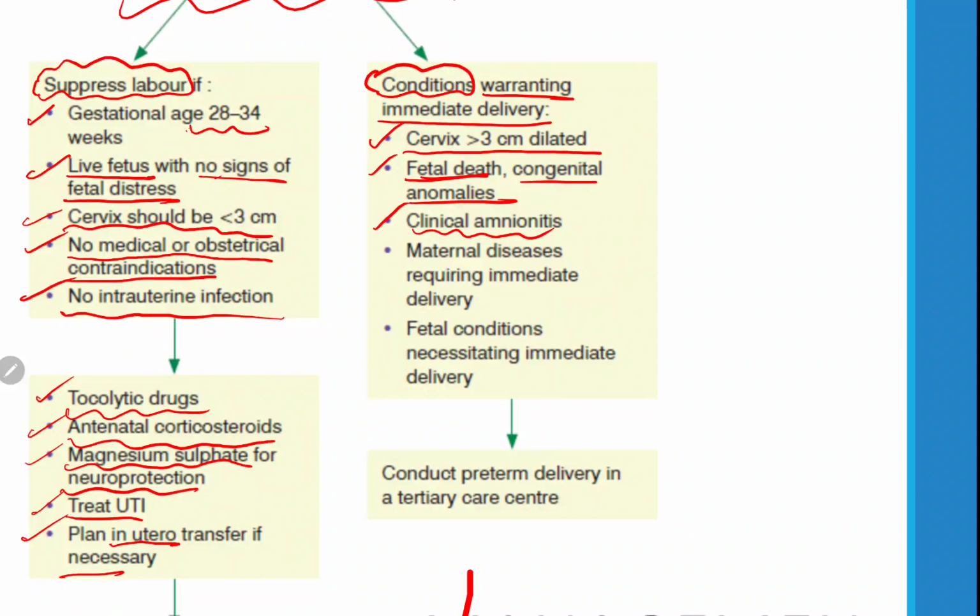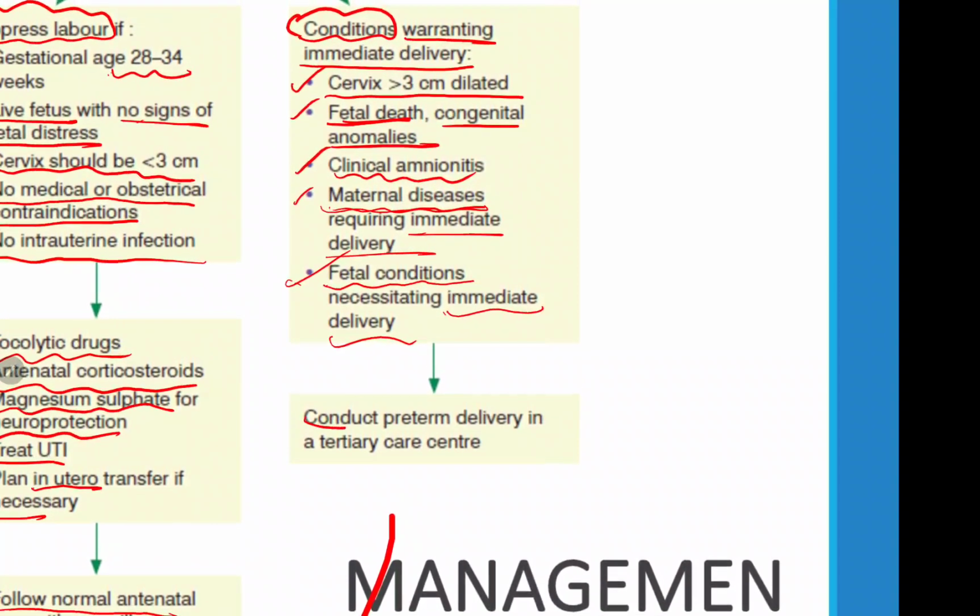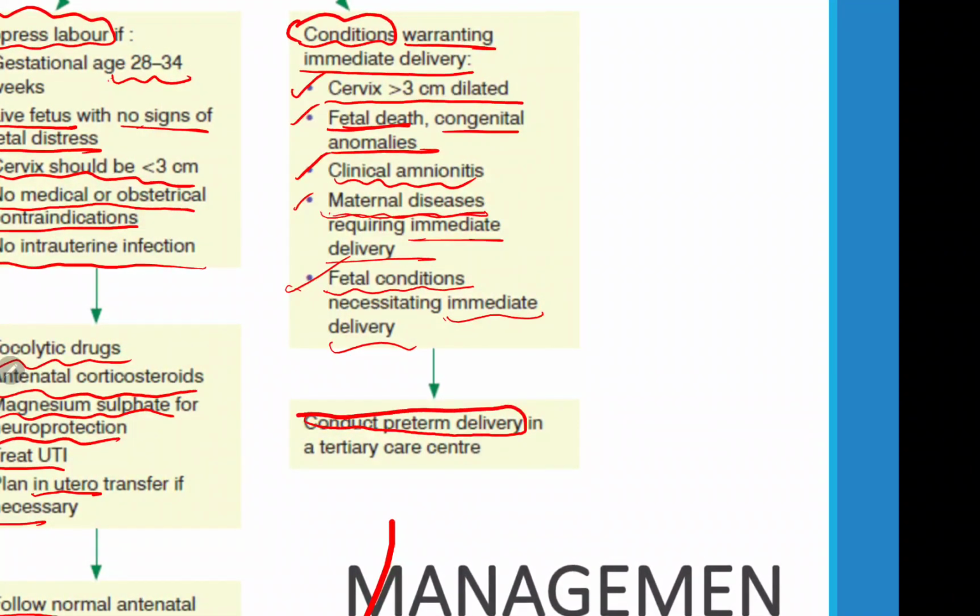Maternal diseases requiring immediate delivery, and fetal conditions necessitating immediate delivery. All these are the conditions warranting an immediate delivery. So what will I do then? I will conduct a preterm delivery in a tertiary care center.